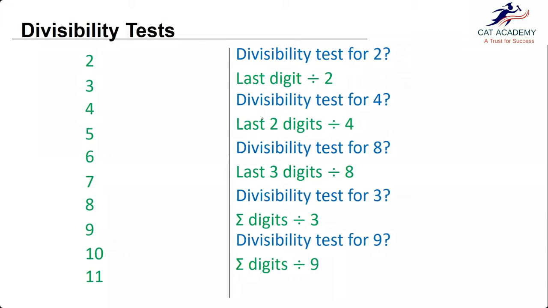This much you know already. Pushkar, if the answer is in decimal, that means it is not divisible. If the answer is natural number, then only I will say that it is divisible. Otherwise, I would say no, right?